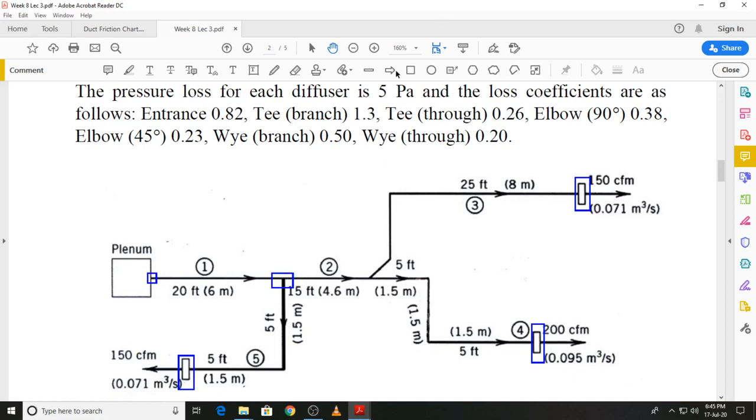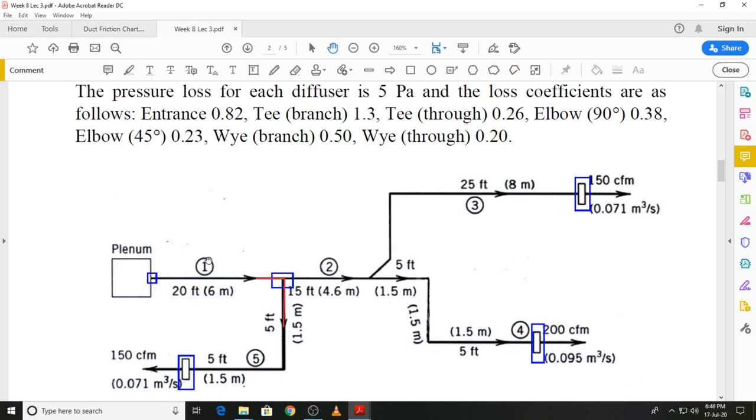The way to interpret it is that if we look at the flow of air through this fitting, it goes from the main duct and then it goes into the branch. So that is T going into the T and from the T into the branch.